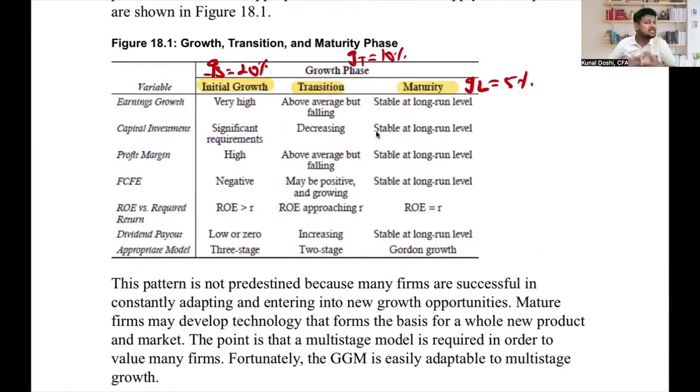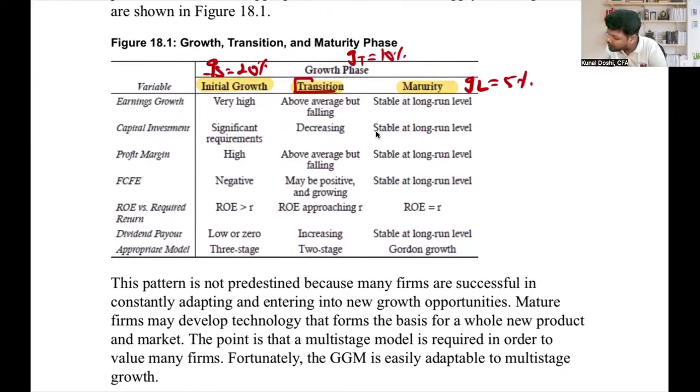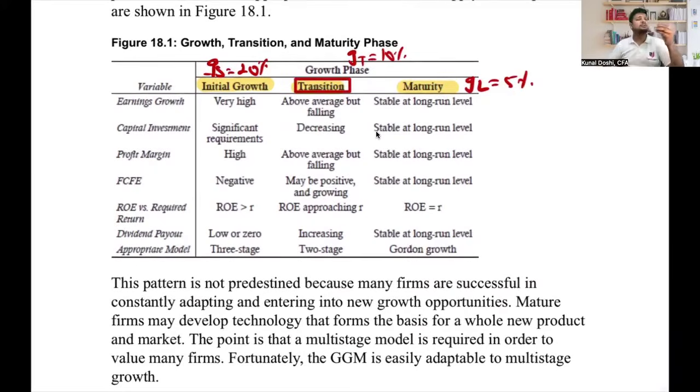So, a multi-stage or three-stage model is generally used for a startup company, right? But a company which is going through a transition, for example, it is right now growing at a high rate, but then it will saturate, these companies whose ROE is approaching the cost of equity, it is growing at a high rate, but then it is going to grow at a slow rate.